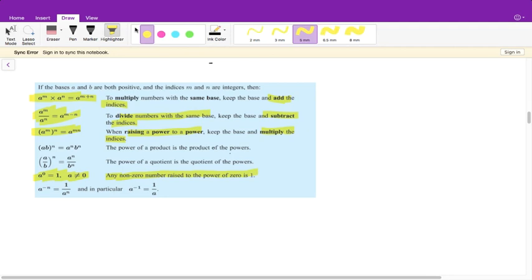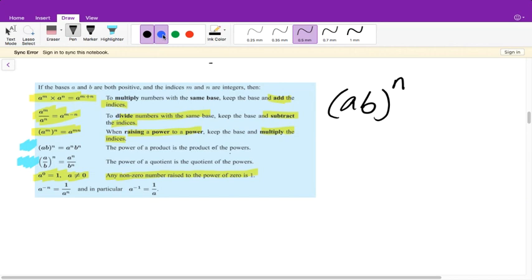All right, the ones that we are going to focus on today are these two here. What this is saying is if we have the power of a product, so in this case a times b being raised to the m power, we are essentially just going to distribute this power into both of our terms since they're being multiplied.